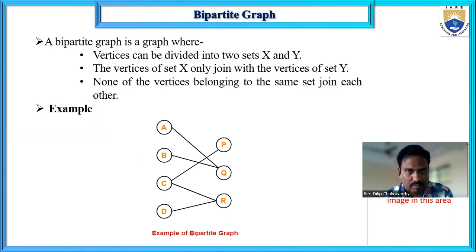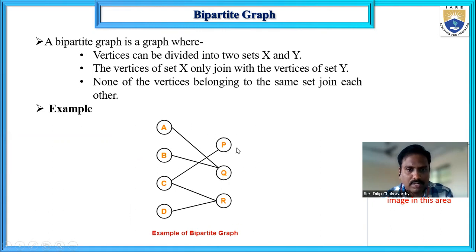Next, bipartite graph. A bipartite graph is a graph where vertices can be divided into two sets. You can divide the vertices into two sets, X set and Y set. If you observe here, A, B, C, D I can consider as one set, and P, Q, R I can consider as another set.